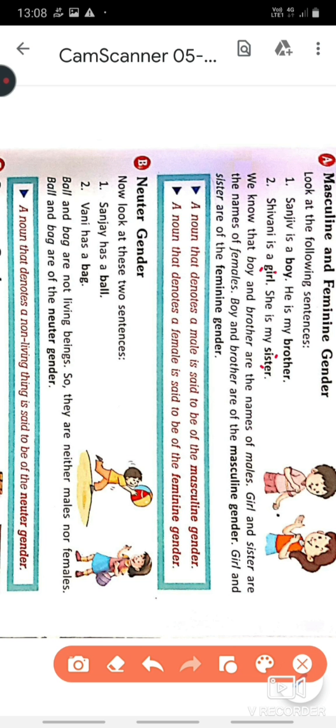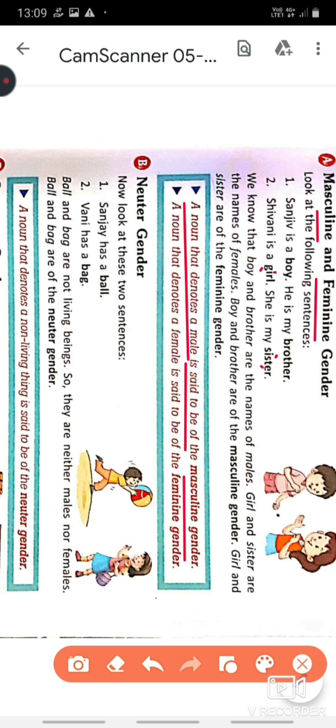Based on this, we have 2 types of gender, masculine and feminine. Come to the blue box and underline. A noun that denotes a male is said to be a masculine gender.